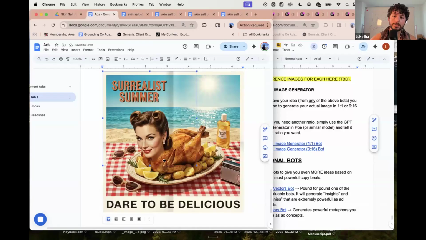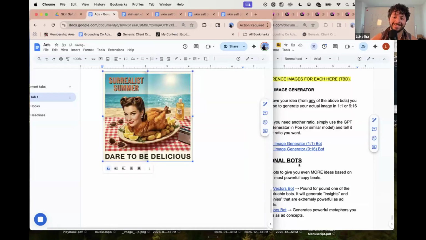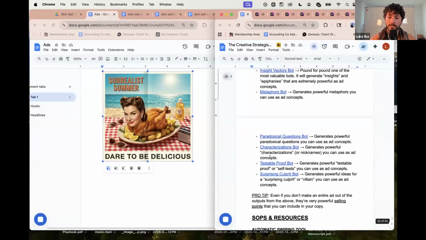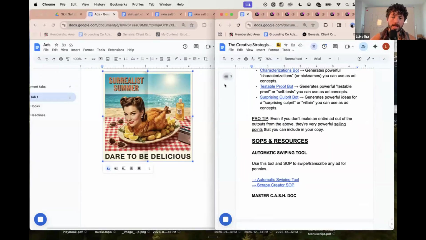Let's look at this unaware ad generator. I knew one of you freaks was going to do it. I knew it. Okay, so let's look at this unaware ad generator. See if I can find it. This is way back in the beginning.